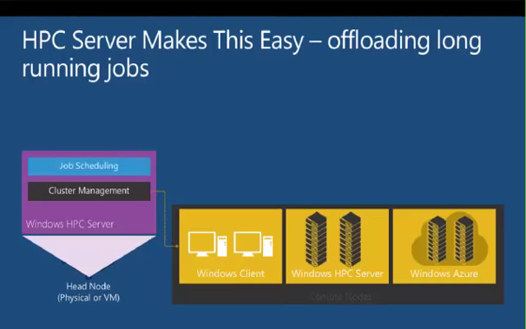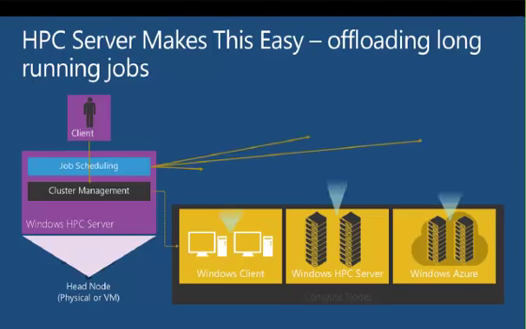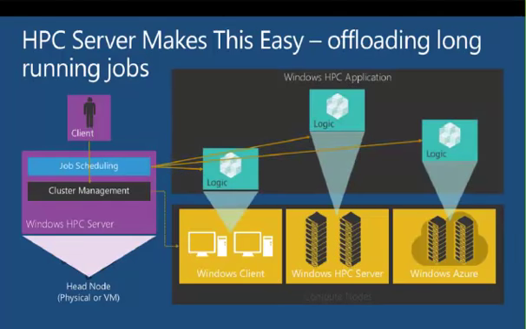So first of all, the HPC Pack consists of job scheduling, which allows you to be able to prioritize workloads that are submitted by various users. And we also have cluster management, to be able to show you which machines are up and running and their CPU utilization, essentially a monitoring tool. And this is connected to Windows clients.